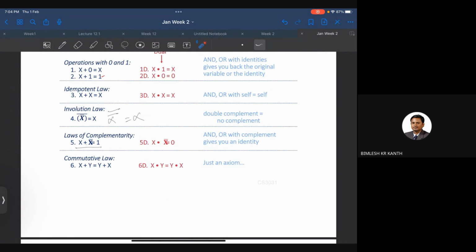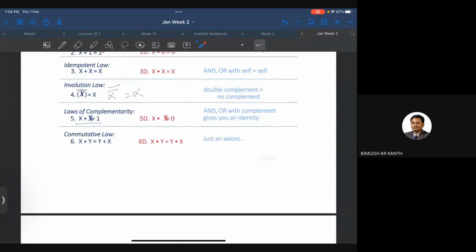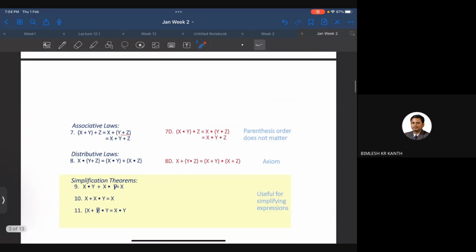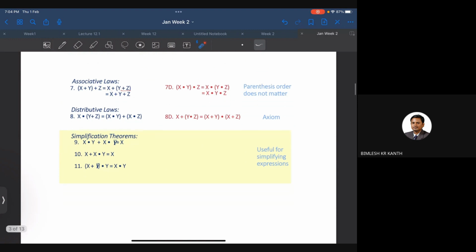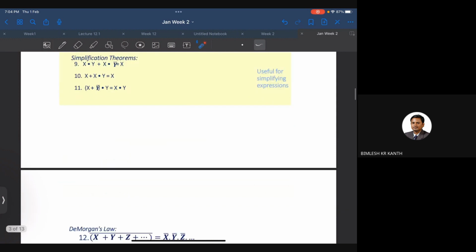There is the commutative law: x plus y equals y plus x, and x and y equals y and x. Then there is the associative law: x or y or z equals x or (y or z). So these are some basic laws.